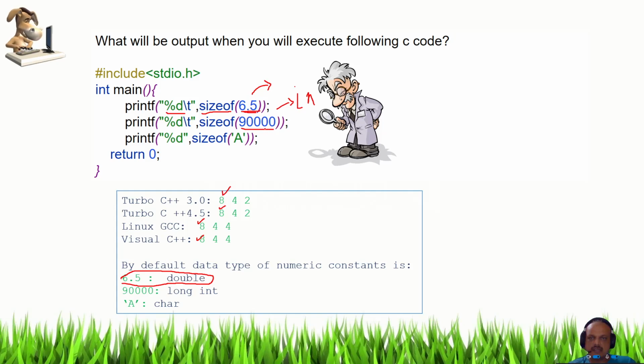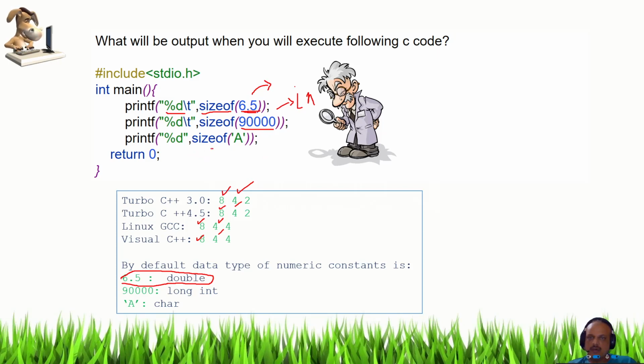Obviously it is less than this. So what next is the option available for the compiler? It is long int. So long int is the data type which gets associated with 90,000. So what you get is 4. So 4 bytes of memory is required to store this 90,000 data.